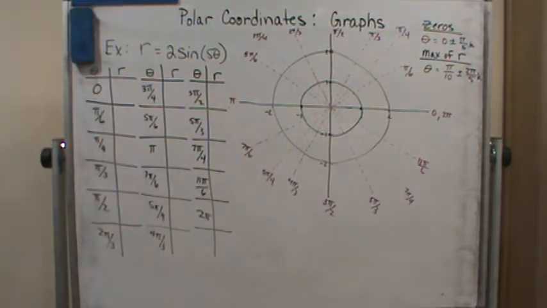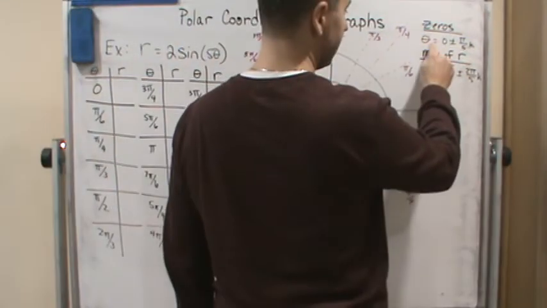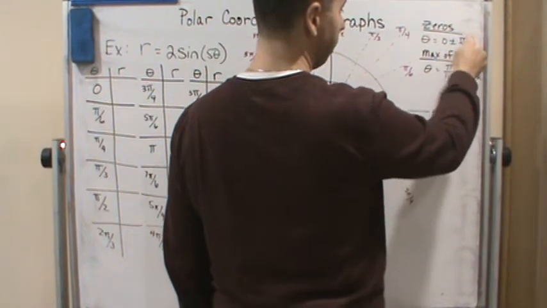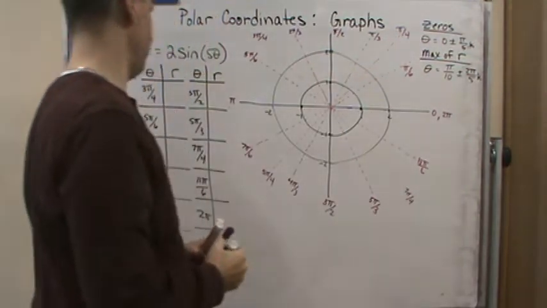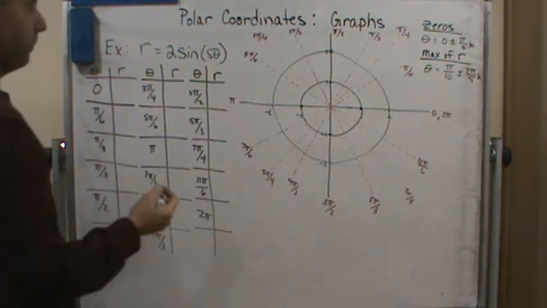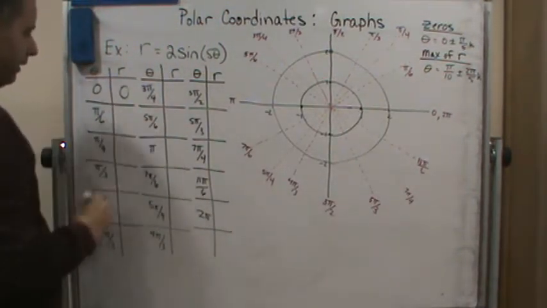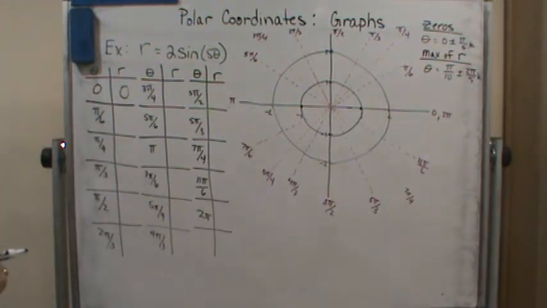Okay, so let's do this. So now, notice that this is going to be 0 at multiples of pi over 5. Okay, so 0, it's going to be 0. Okay, so now, at 5 pi over 5, so at pi it's going to be 0, right?